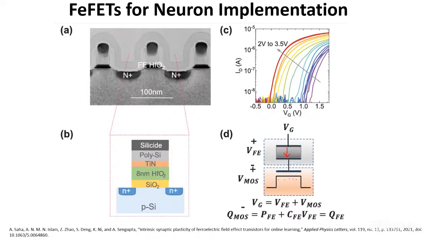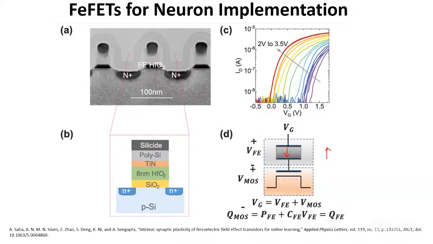If you have the polarization upwards, it will deplete the channel, and then the threshold voltage will increase. So this is how the ferroelectric FET works. It works by modulating the conductance of the channel by using a ferroelectric capacitor at the gate of the transistor. So we are changing the gate stack here to incorporate ferroelectric behavior.